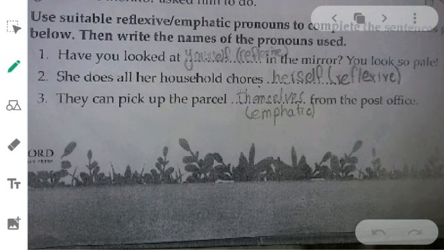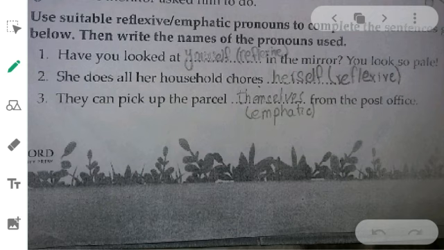So the basic difference between reflexive pronoun and reflexive pronoun for emphasis is this: we cannot complete a sentence without using a reflexive pronoun. If a reflexive pronoun is compulsory for our sentence to complete its sense, that will be a reflexive pronoun.